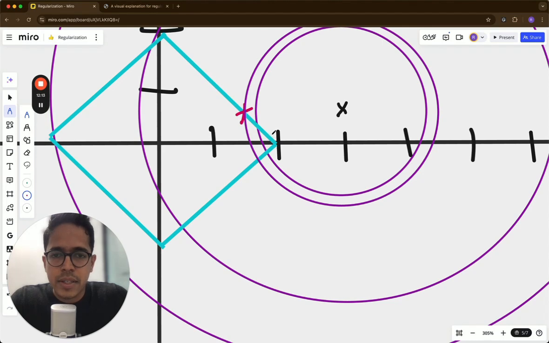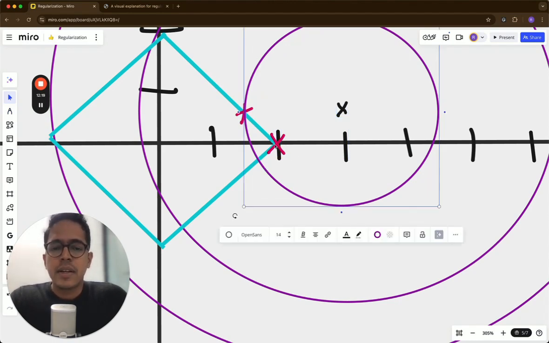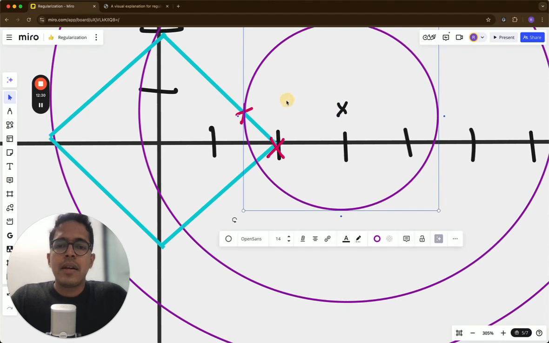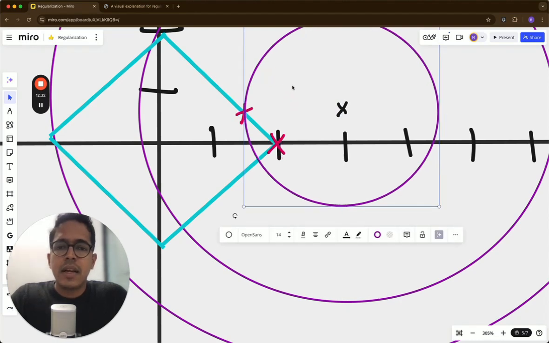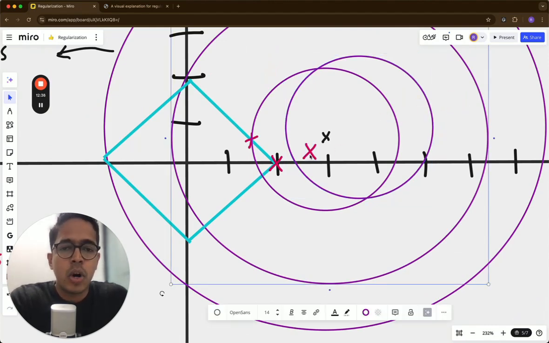Consider this point. I'll delete this circle because this is not needed. This point actually has the same penalty due to lasso because it is also 2. It's still lying on the diamond shape. But there is another circle which we can imagine that looks like this, which has a smaller radius.